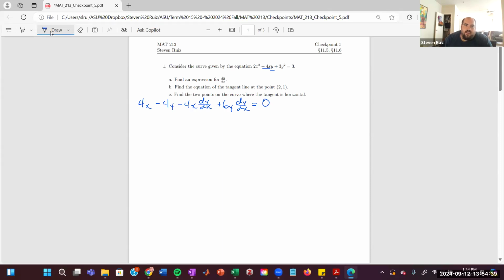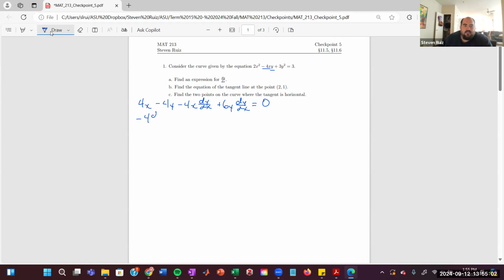So we're well on our way to finding dy dx, but now we have to isolate it. There are lots of ways to do this. I think the most direct way is to get all the terms that have a dy dx multiplied by them on one side of the equation, and move everything else to the other side. So I'll do this.